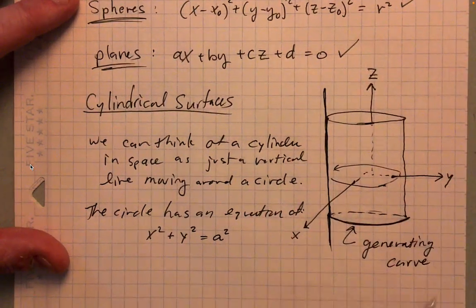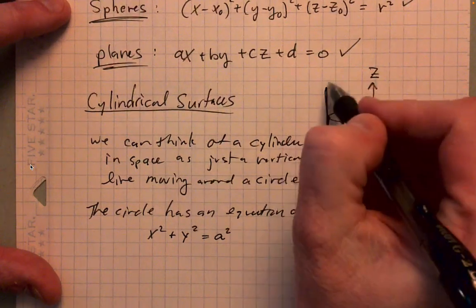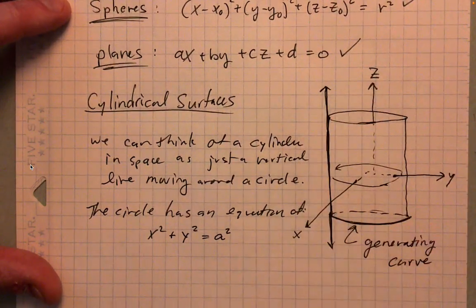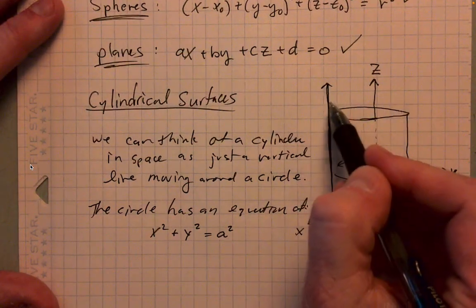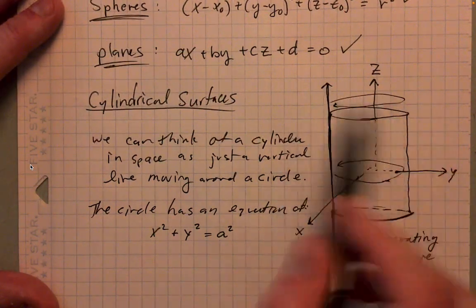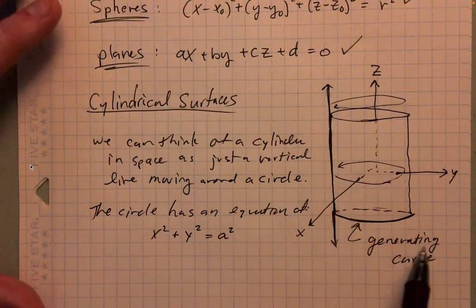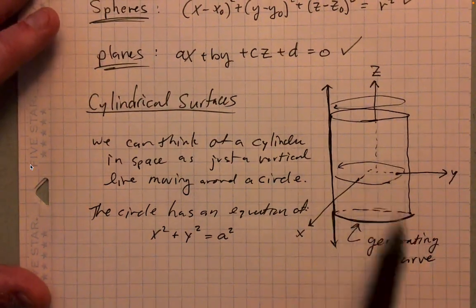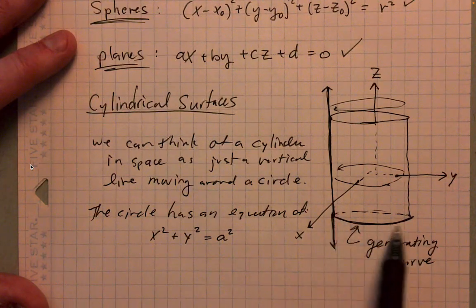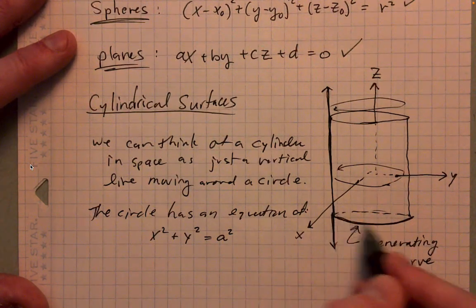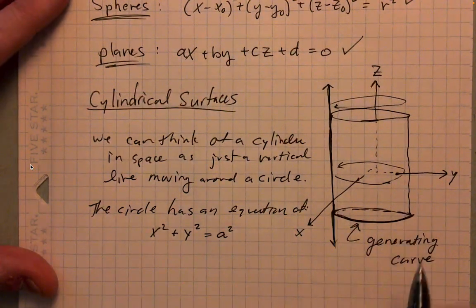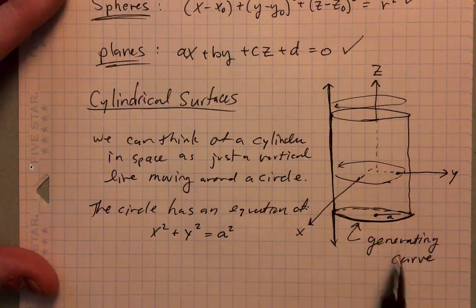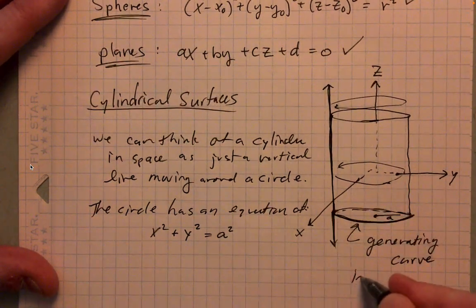It's possible to truncate them if you like, but you want to imagine them going in either direction forever. Then you take that line and rotate it around whatever the generating curve is that's relevant to the shape. In this example, the generating curve is a circle of radius a that lies in the xy plane.